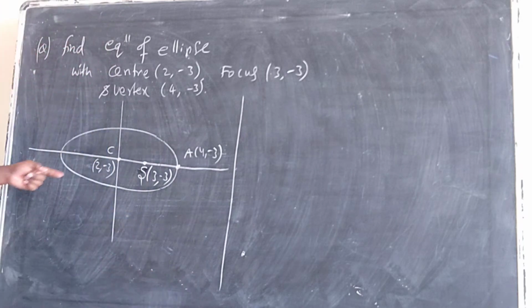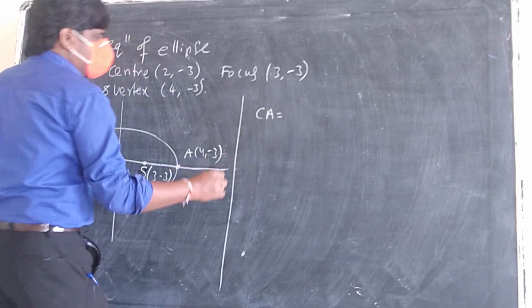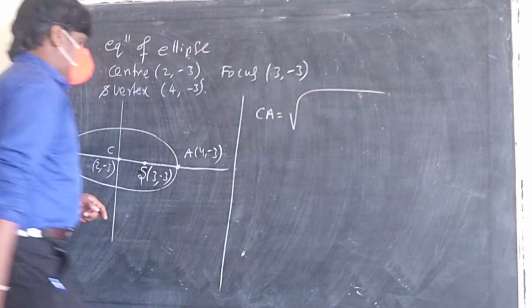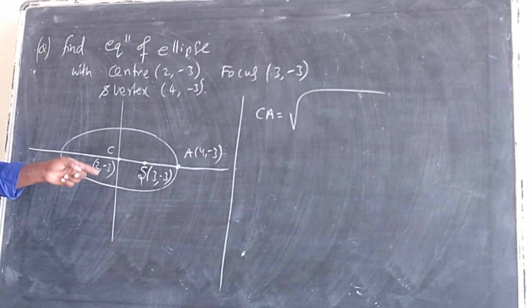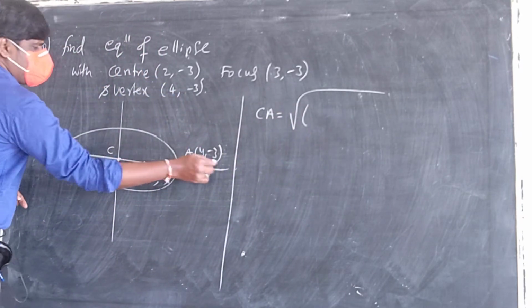See here, the distance CA is the major axis. The distance CA will be what? Major axis. So CA distance will be how much? CA is equal to, if I apply the distance formula, under root of, this is (x1, y1), this is (x2, y2).